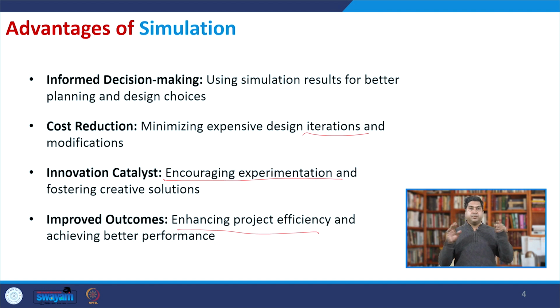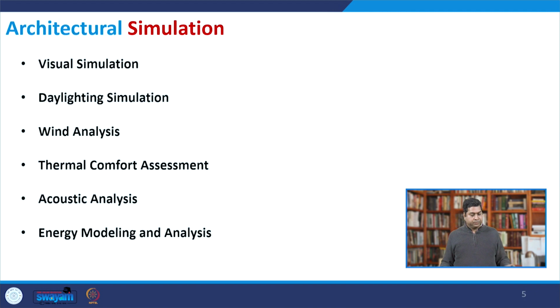If you see that the size of the window has to be changed, if the material of the window has to be changed, or if the orientation requires you to think of certain shading devices to be added for lowering the heating on the southwest wall in such a climate, those kinds of changes you can do very quickly in simulation. Obviously you should understand the software. You need to understand all these basic parameters, and only then can you make those decisions to come up with better improved outcomes.